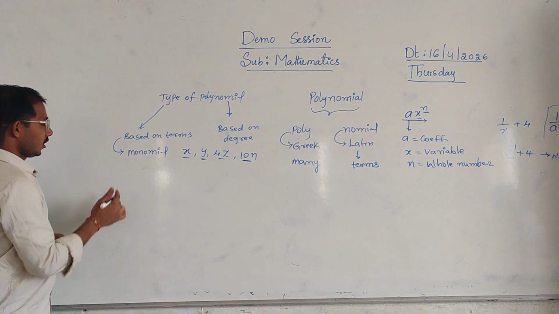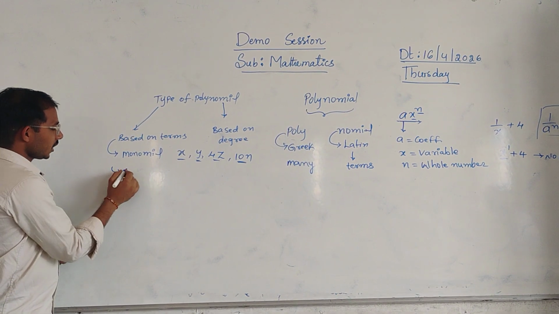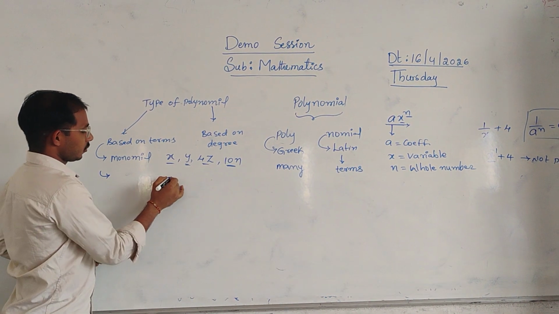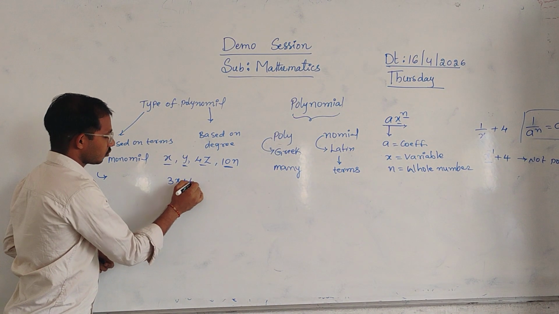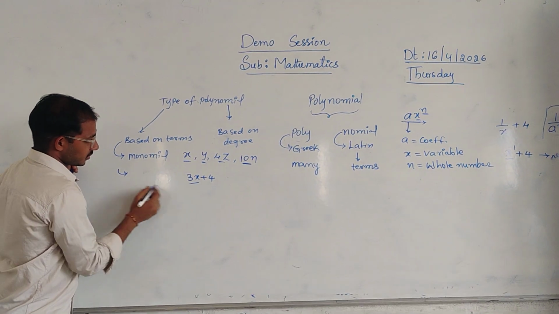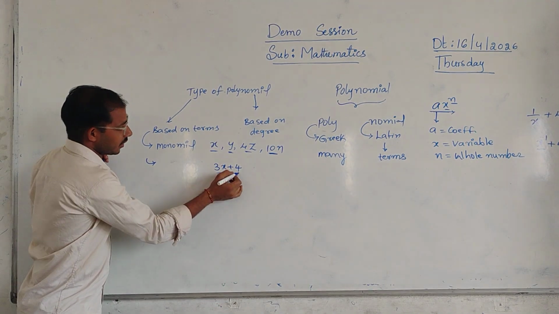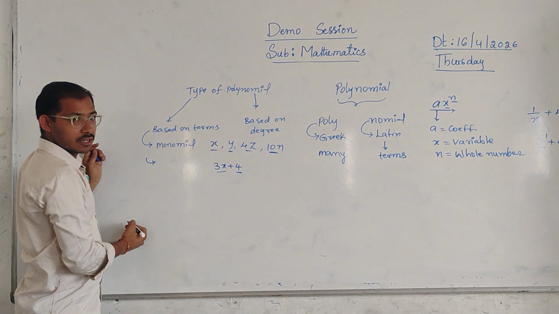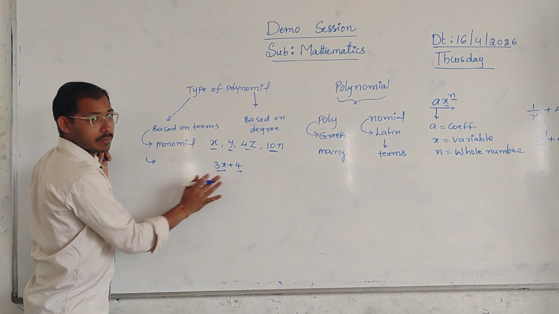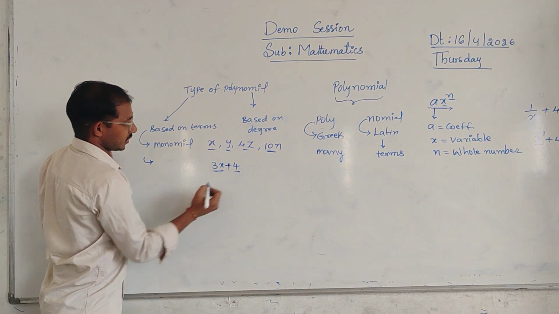Next, if two terms are there, for example 3x plus 4. Here 3x is a separate term and 4 is a separate term. Terms are separated with a mathematical operator, that is plus or minus.